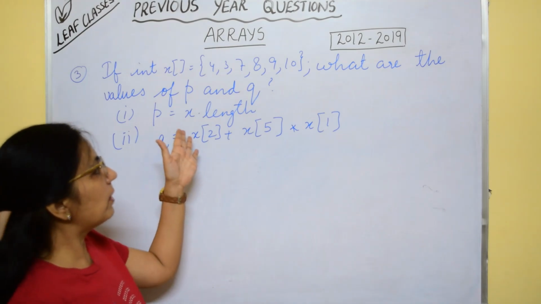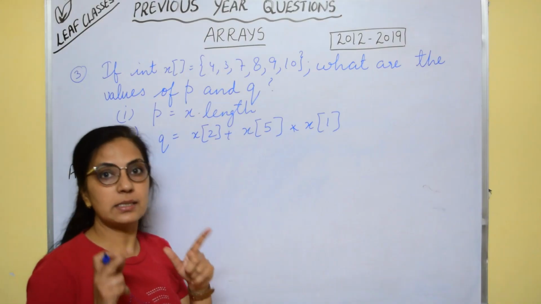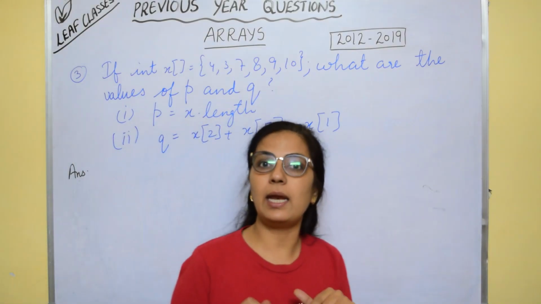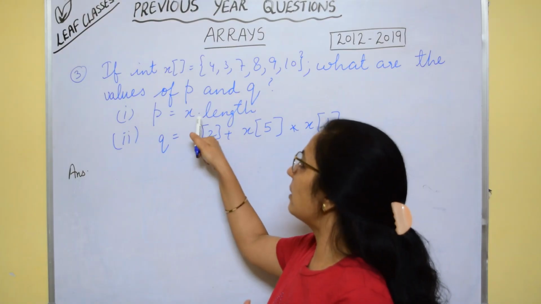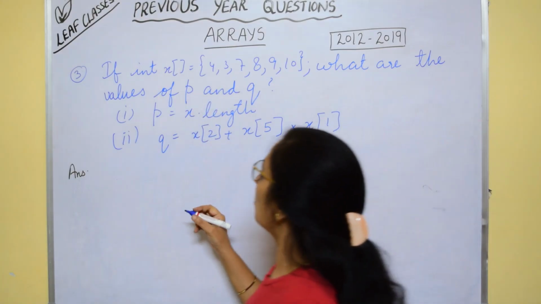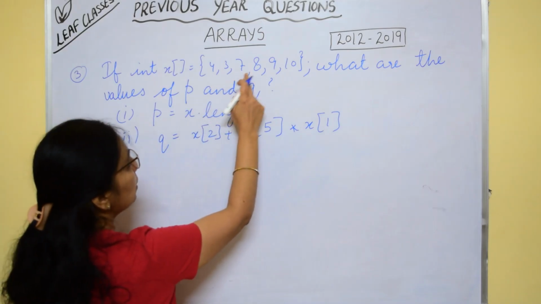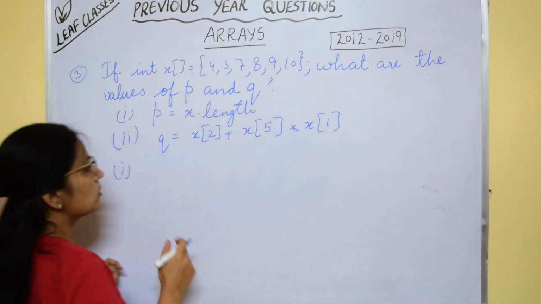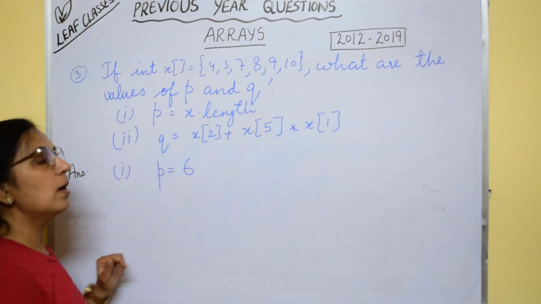Just now in first question we discussed length calculates the size of the array. So x should be the array and length will calculate the size of array x. So what is the size of array x? 1, 2, 3, 4, 5, 6. So the value of p is equals to 6.